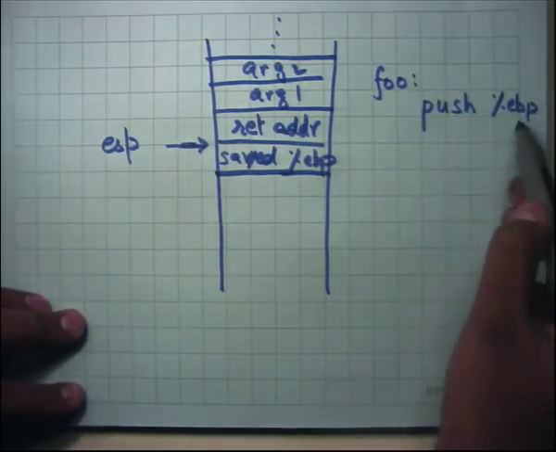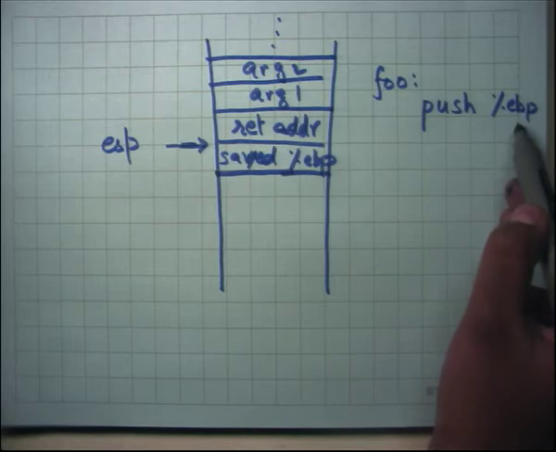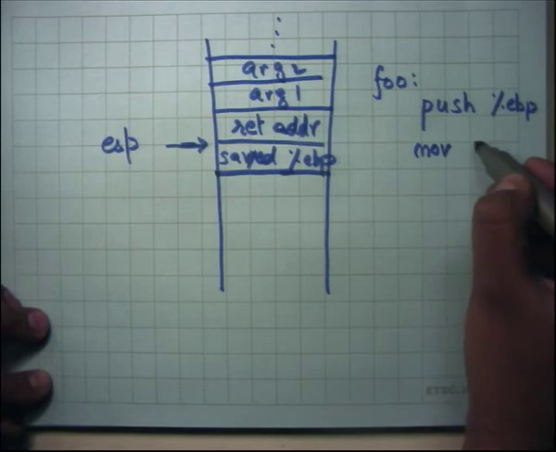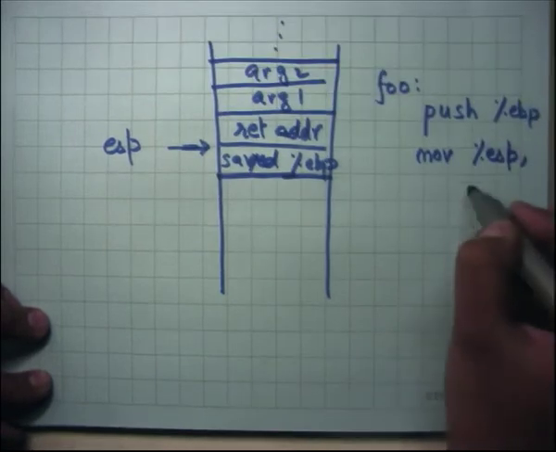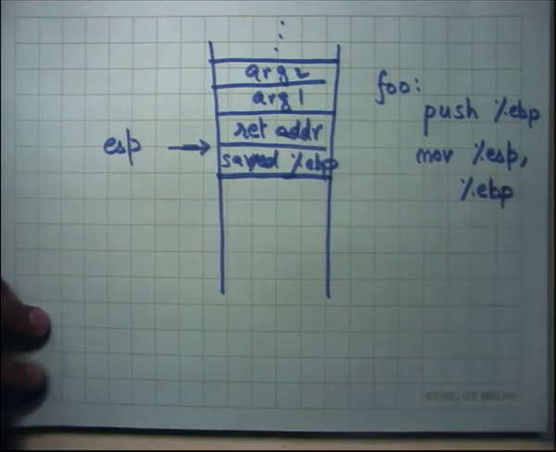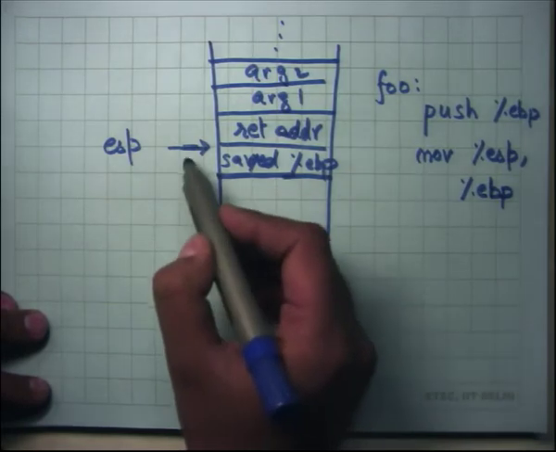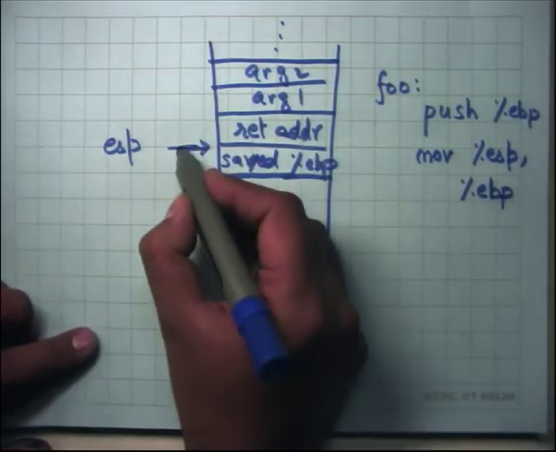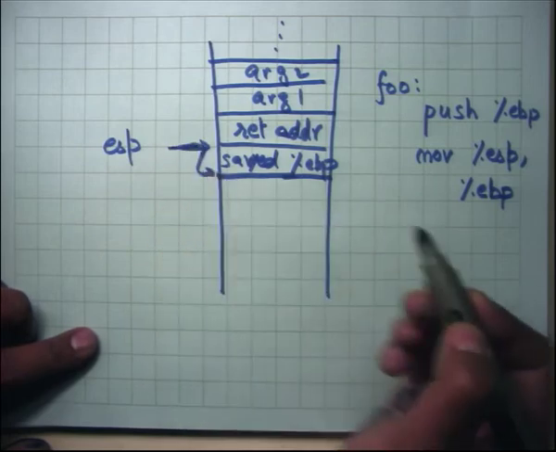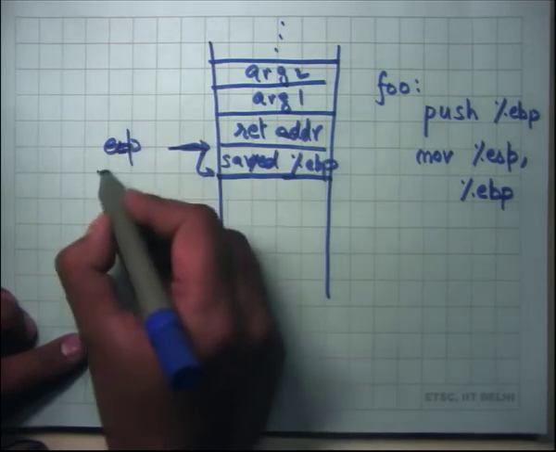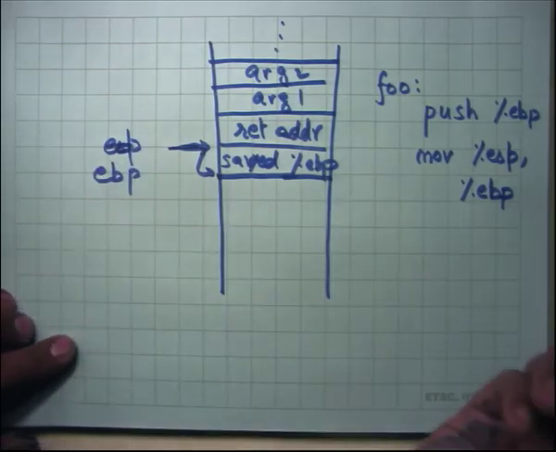So the first instruction is going to push the current value of EBP, and then it's going to move ESP to EBP. What's it doing? Let's see what happens. I'm going to push EBP, so ESP becomes this, and then I move ESP to EBP. So EBP becomes this.